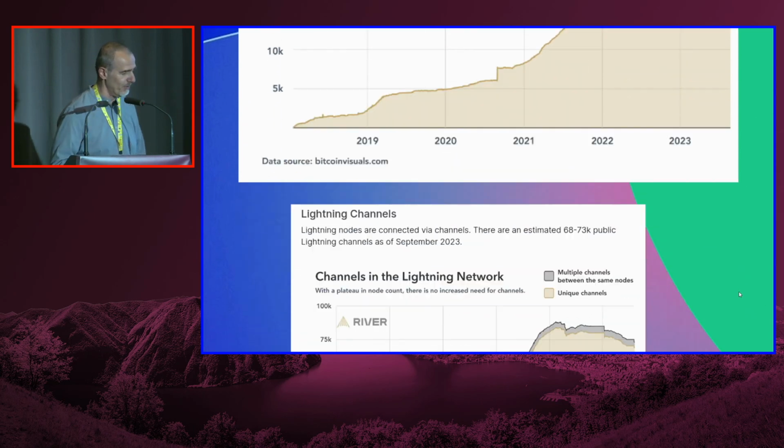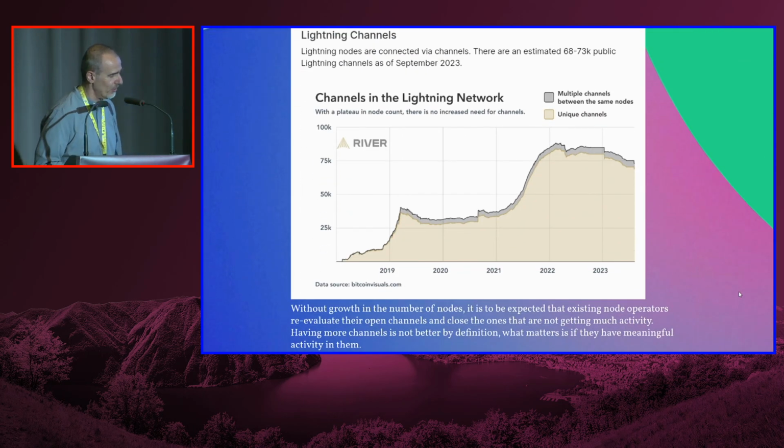In fact, as you can see in this slide also, there has been growth of channels and then a decrease in the number of channels from 2022. This is probably because the most important node runners started to close little channels and started to open new big channels, more interconnected.